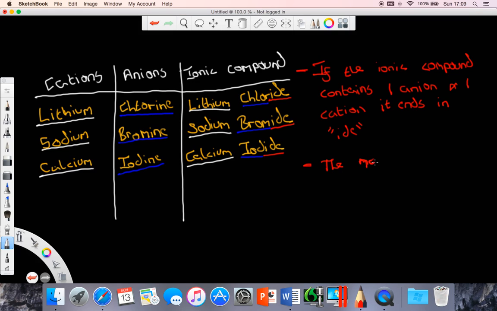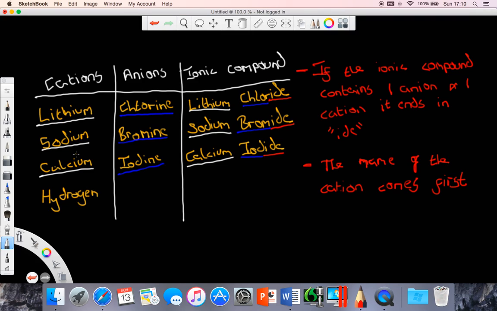So the name of the cation always comes first. Now, some of you may have noticed that the cation does always seem to be a metal. However, this isn't always the case because, for example, hydrogen is also a cation, but hydrogen is a non-metal.